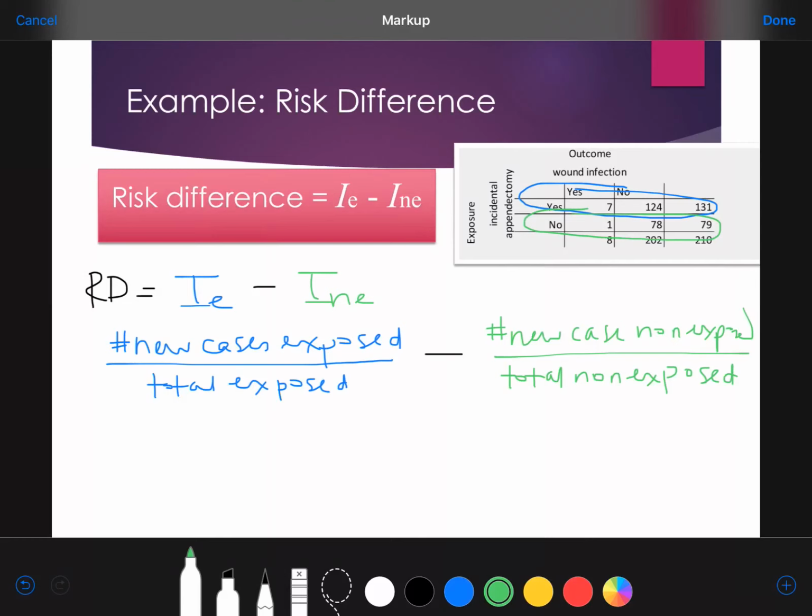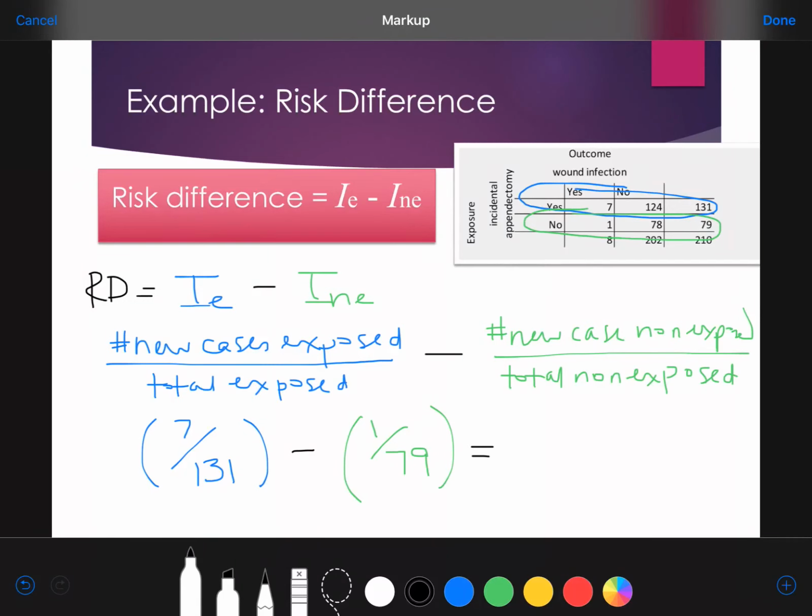So how do we fill this in? Well, we know our number of new cases in our exposed is 7, over total exposed 131, minus number of new cases 1, over 79 total non-exposed, equals.